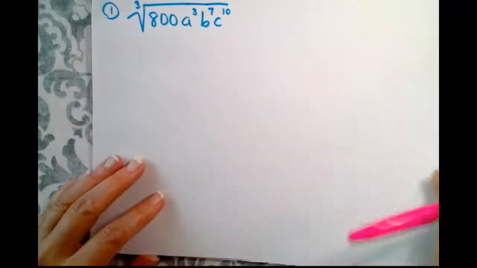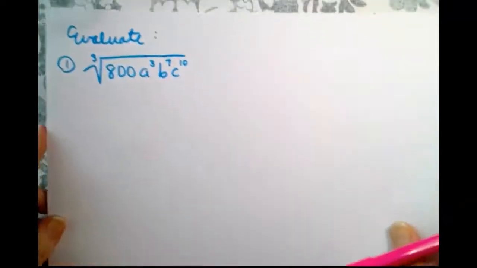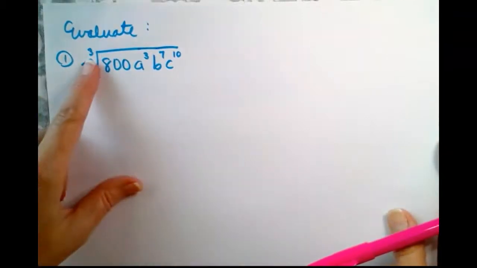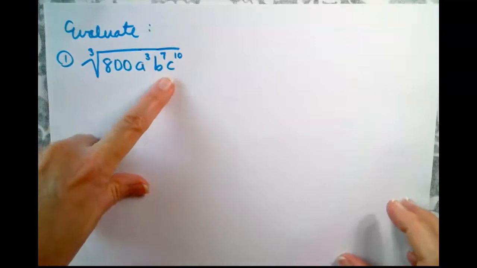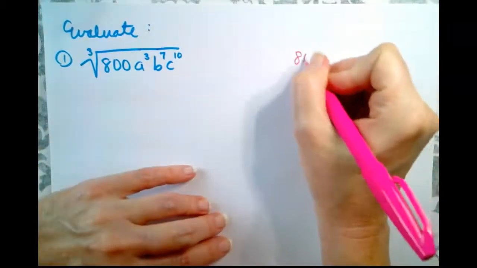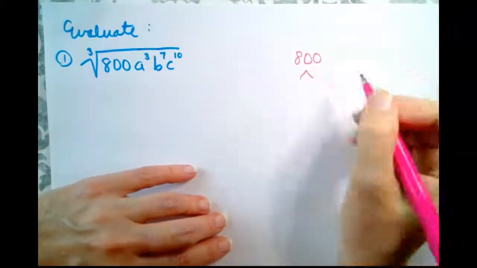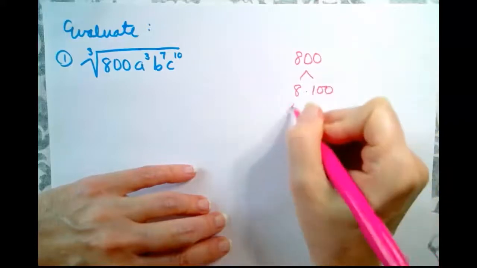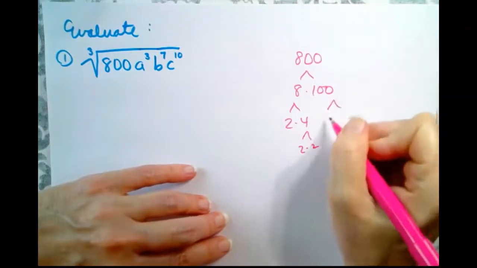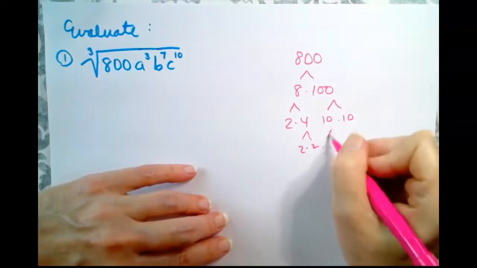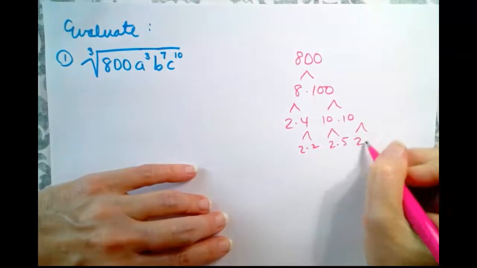So we're going to use that same process for a much larger radical now. The cube root of 800, a to the third, b to the seventh, c to the 10. So the first thing we're going to do is make a prime factorization for 800. Remember, we're after only prime factors.